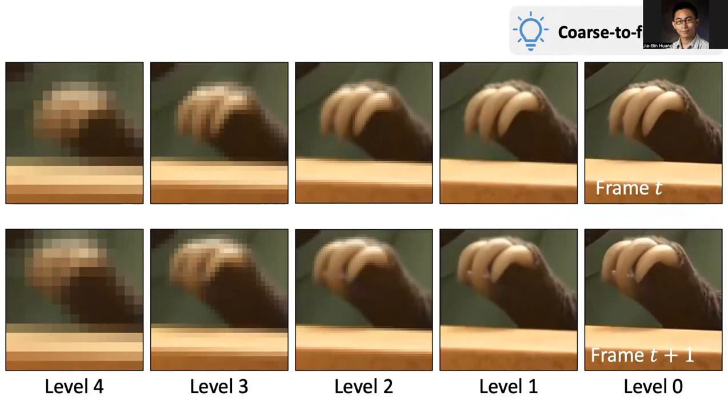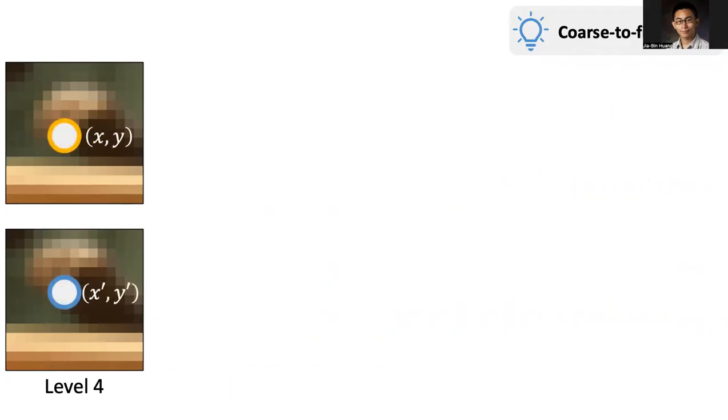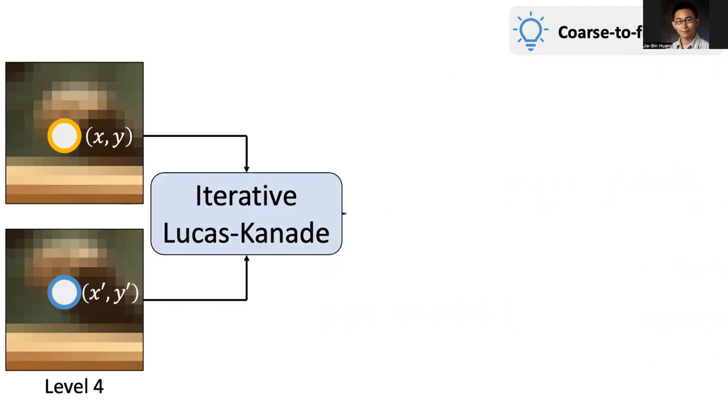The idea here is that instead of trying to estimate the motion directly in a high resolution image, where you need to estimate something like 30 pixels wide, you work your way down from the small resolution. The motion here at the lowest level is actually small. You start here and estimate with your Lucas-Kanade algorithm.